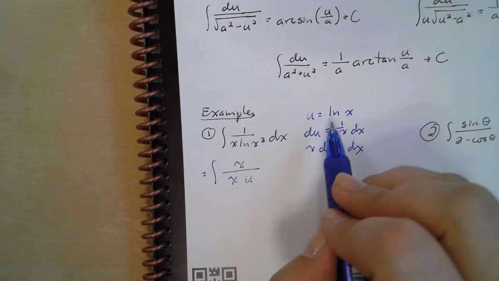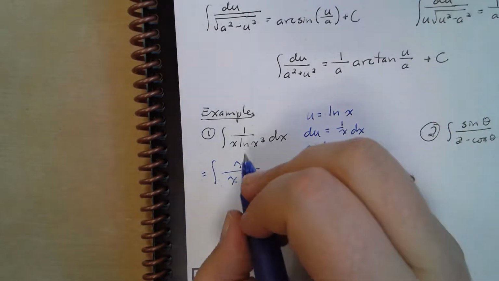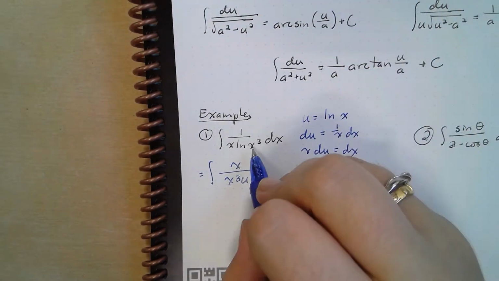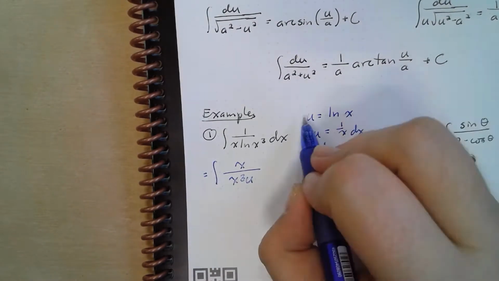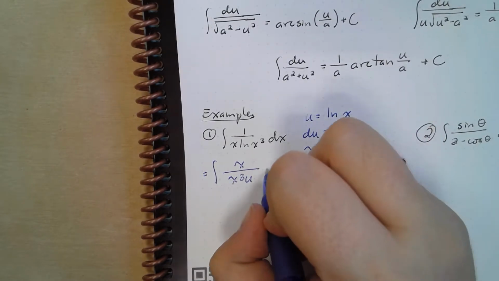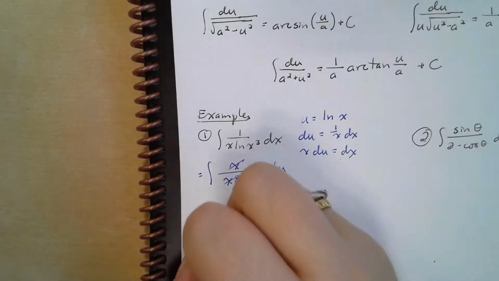So I can rewrite this as the integral of x over x times u. Oh, and actually, I'm not going to write u cubed because it's not u cubed. It's 3 times u, because this is ln of x cubed, so I should have put a 3 out there, times du. You can see that these x's cancel out.